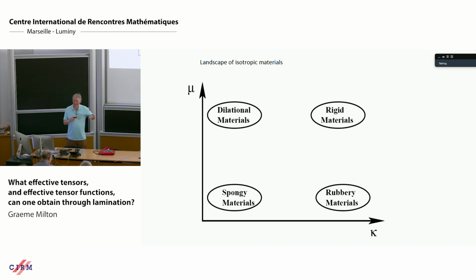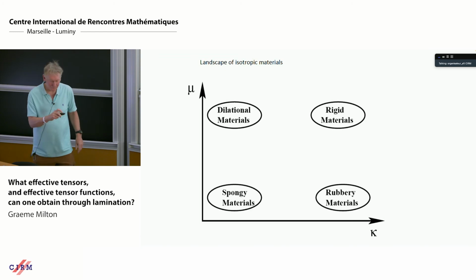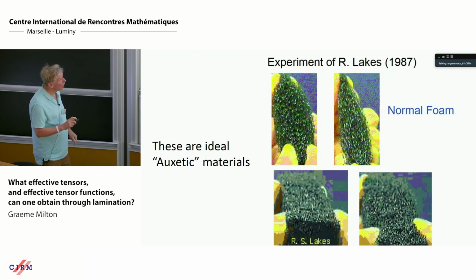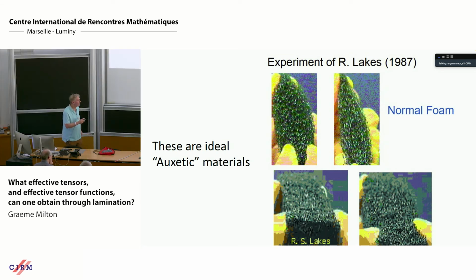That would be the only easy deformation of this sort of material. Back in 1987, Roderick Lakes built this foam that had the property that when you pulled it, it got fatter rather than thinner. So this was one of these auxetic or dilational materials, and there had been a big debate as to whether they actually existed.